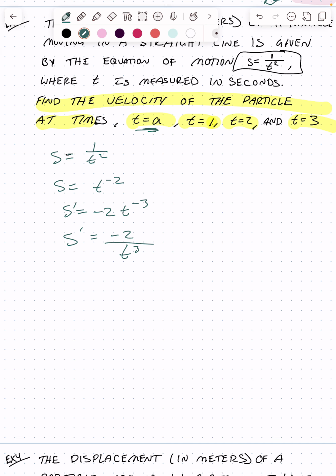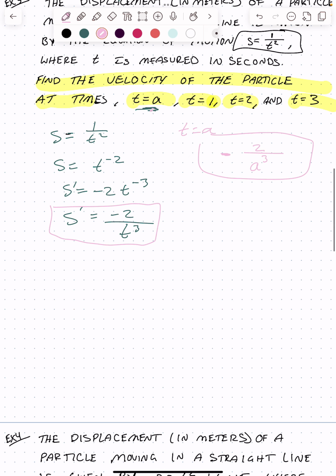All they want, once more, is just this. So for the problem t equals a, our answer is literally negative 2 over a to the third power, because again, you're going to replace t with a. And so that is your answer for this first one.